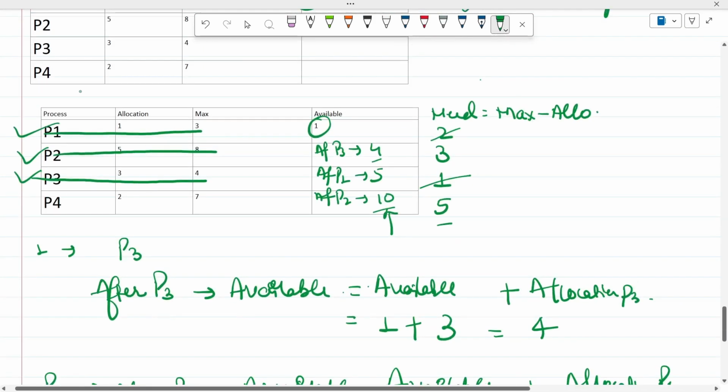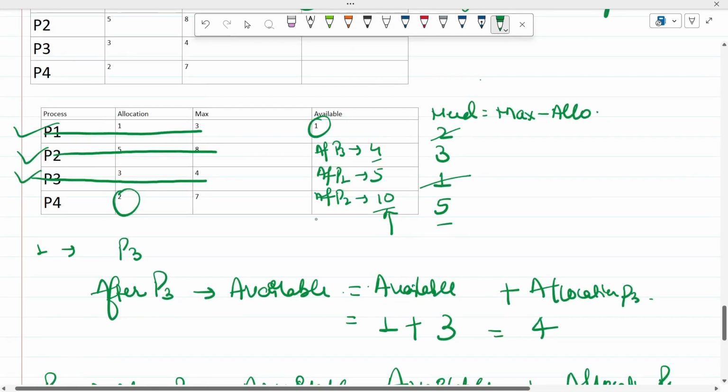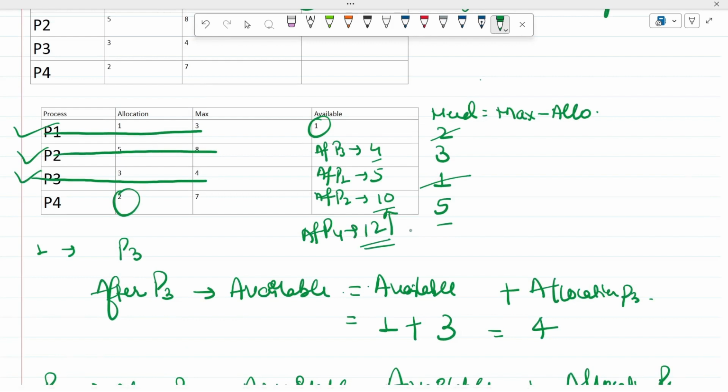Added the allocation value of P4. What is the allocation value of P4? 2. 10 plus 2 is equal to 12. Now, after P4, we have 12 resource instances available.